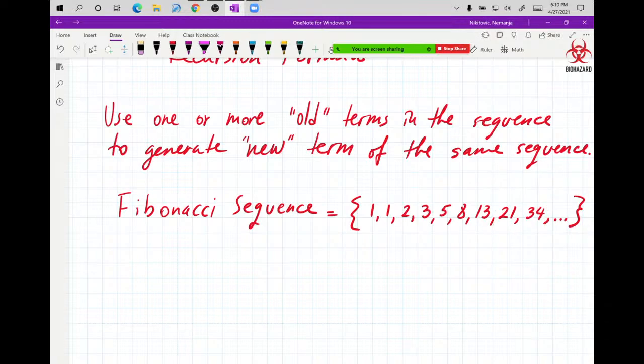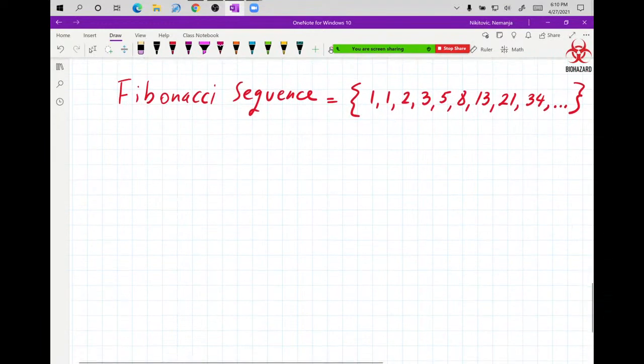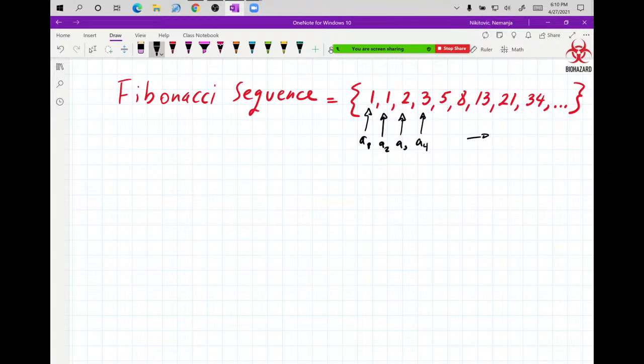So Fibonacci sequence is the most famous of all recursion formulas. And if you are calling these values A0 or A1, A2, A3, you can start at 1, or we know that. Eventually, there's going to be AN. Now, the next is AN plus 1. And then the next is AN plus 2.